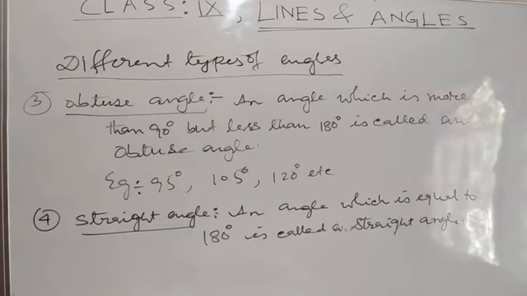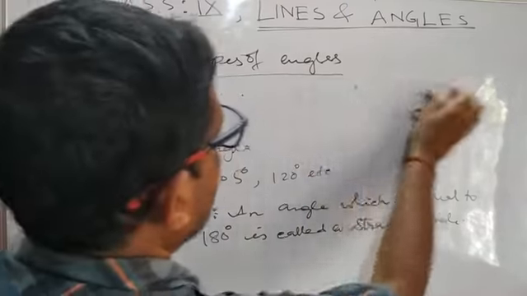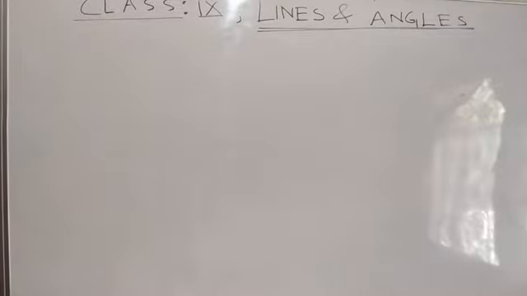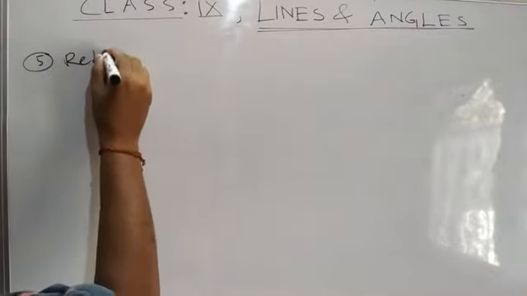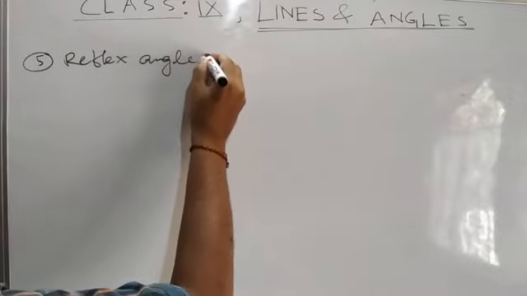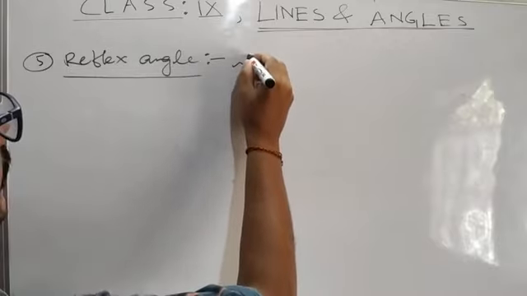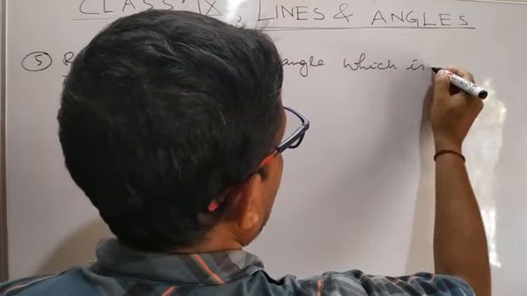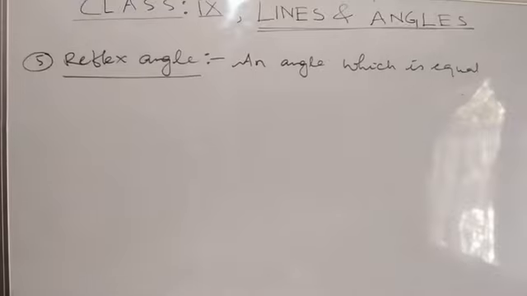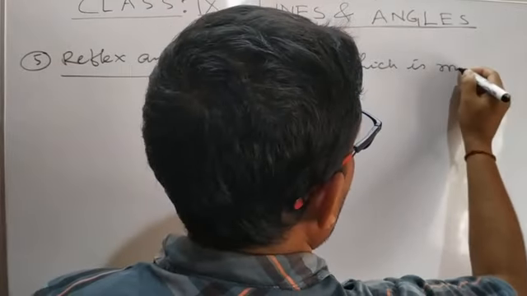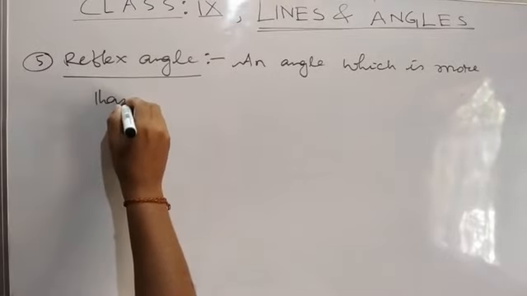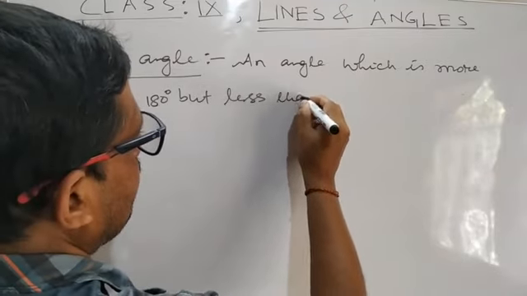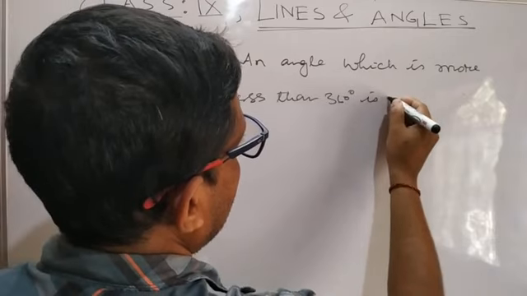Then reflex angle, number 5. A reflex angle is an angle which is more than 180 degree but less than 360 degree.